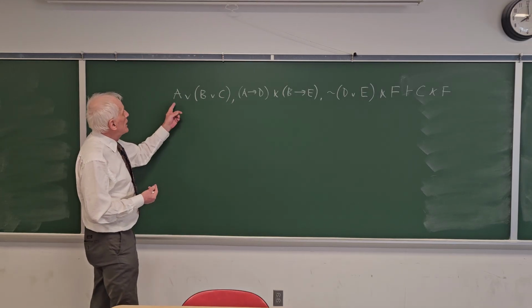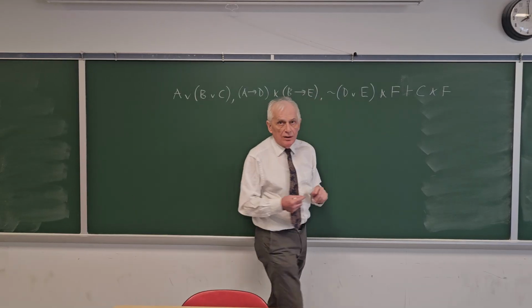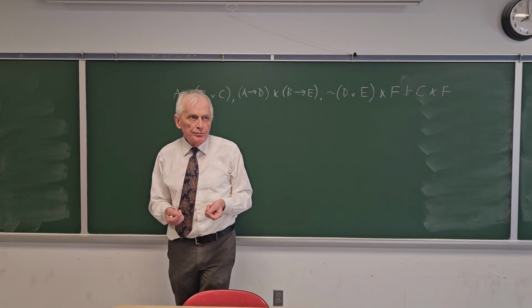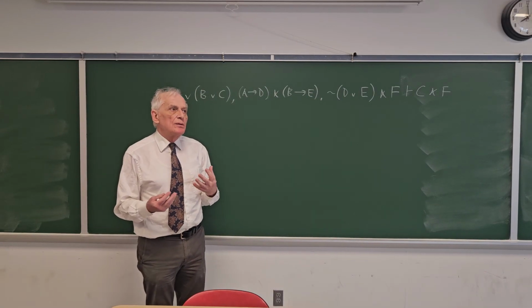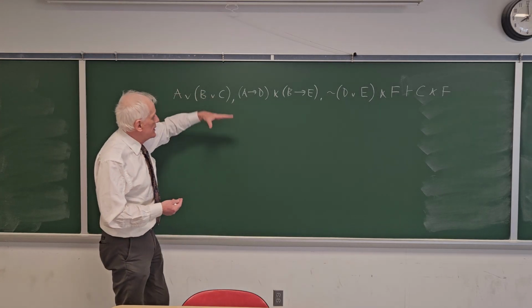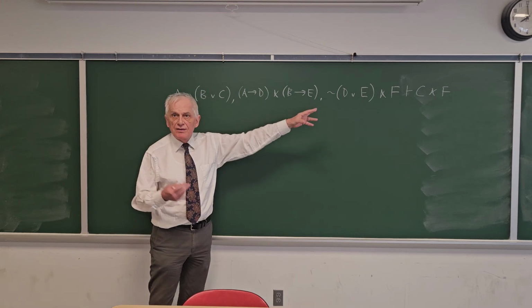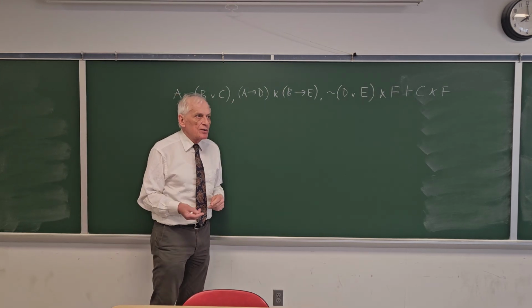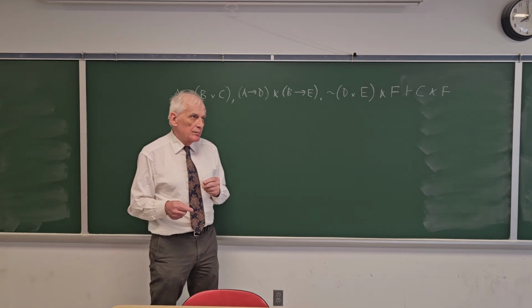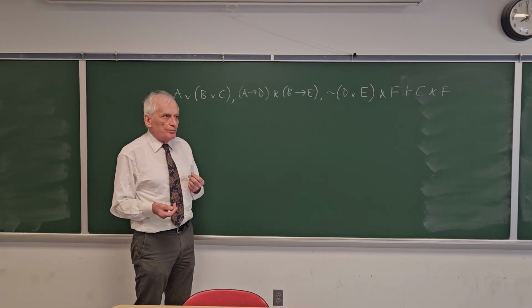We have 1, 2, 3, 4, 5, 6 atomic sentences. So the complete table will be 2 to the power 6, which is 64 lines. So 64 lines this way, and 1, 2, 3 premises and the conclusion, so a number of columns too, so a big table. Is this sequent valid?